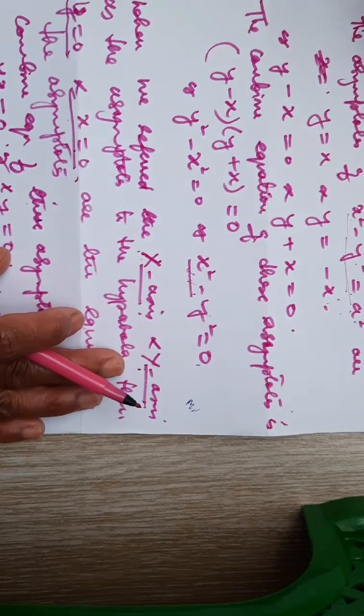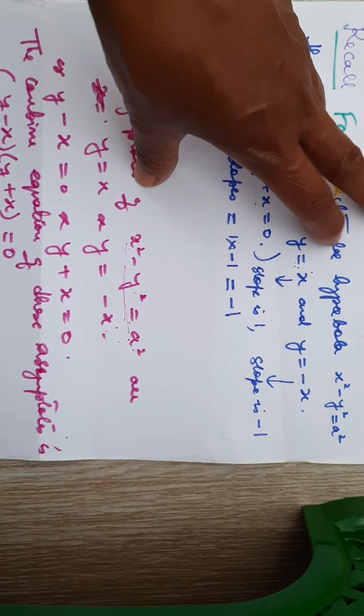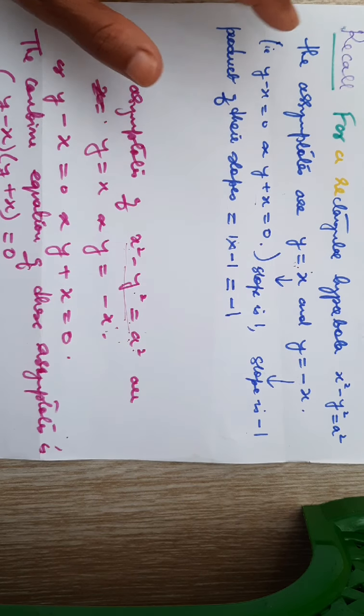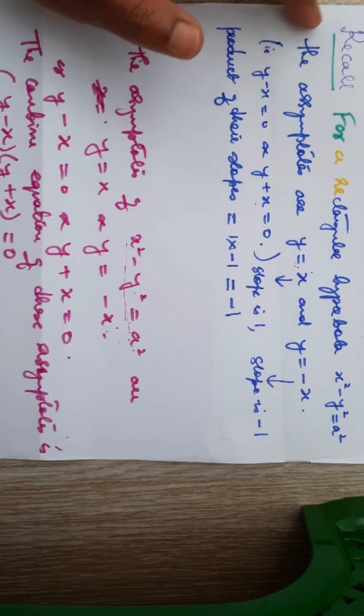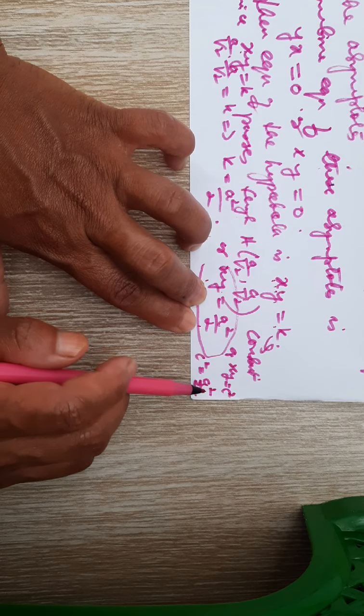So this is the method of finding the equation of the rectangular hyperbola when we refer to the y-axis and the x-axis as its asymptotes, and the equation is given by xy is equal to c square, where c square is equal to a square by 2.